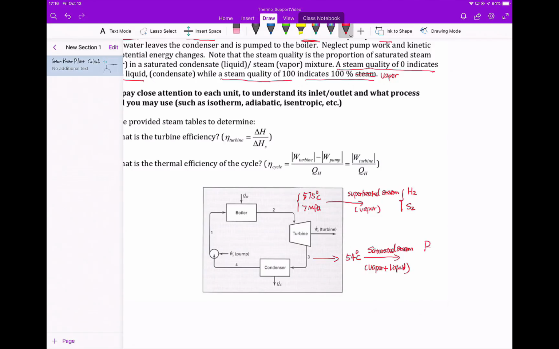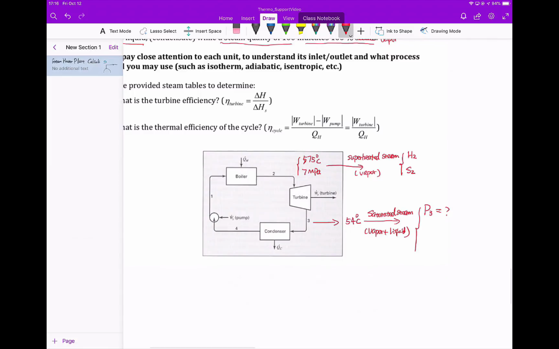Let's call this P3. And for the vapor, what is H3 of the vapor, and entropy S3 of that vapor, and H3 of the liquid, S3 of the liquid.